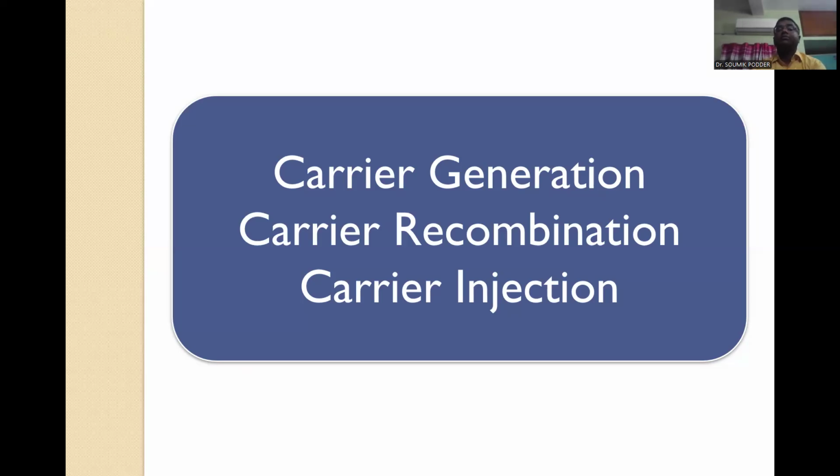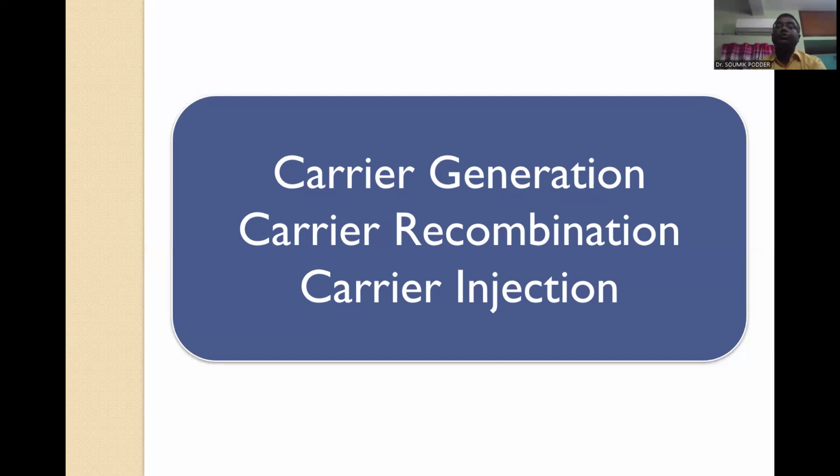Now, the next topic is carrier recombination. Recombination means the mixing of the positive and the negative charge carriers. So we will also study carrier recombination and carrier injection. Basically, when carriers are recombined, there is a devoid of these carriers.